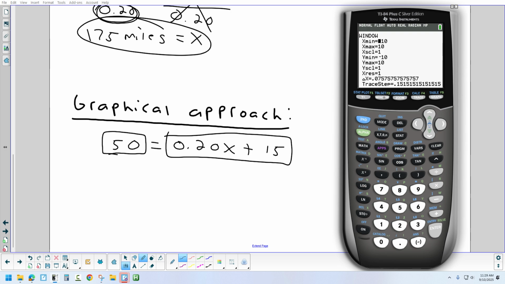But specifically, what is that? Miles. What's the smallest number of miles you could drive this car? 0. Then we shouldn't be looking at -10. We can't drive -10 miles. What's the maximum number of miles you could drive the car? As far as you want.